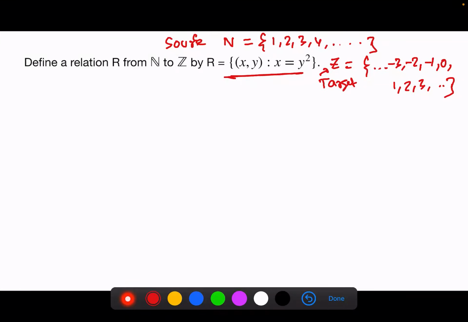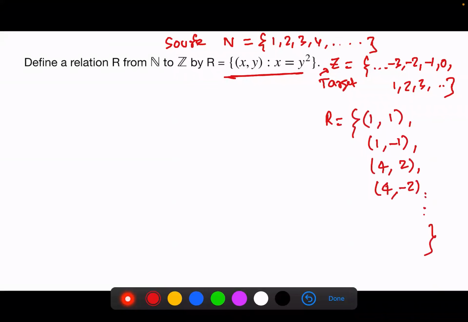So when it comes to the relation, it can be like 1 and 1, 1 and -1. And then, if you have 4, for example, I can have 2 connected with it, 4 and -2, and so on. So your relation will be a huge set.